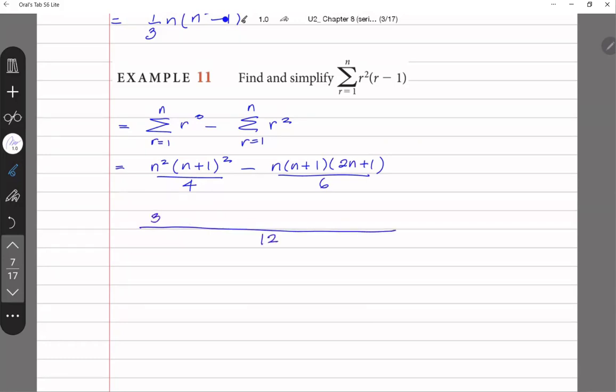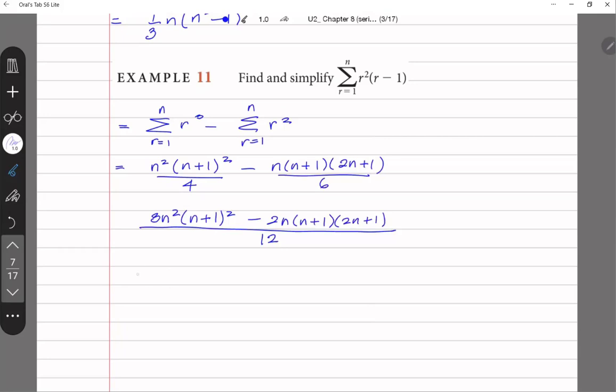So this is 3n squared into n plus 1 squared, 2n into n plus 1, 2n plus 1. Common in the numerator is n into n plus 1.